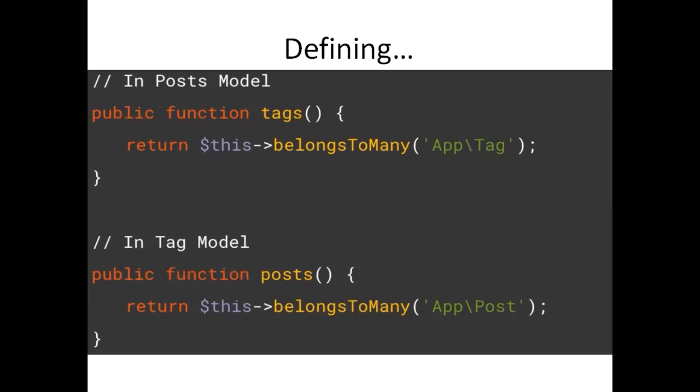In both places, if you are defining from the post model, there I'll use the method belongs to many. And if you are defining in the tag model, there also I'll define posts as belongs to many, because both places the relation is many to many, right? Yes, sir. So the relation will be belongs to many.